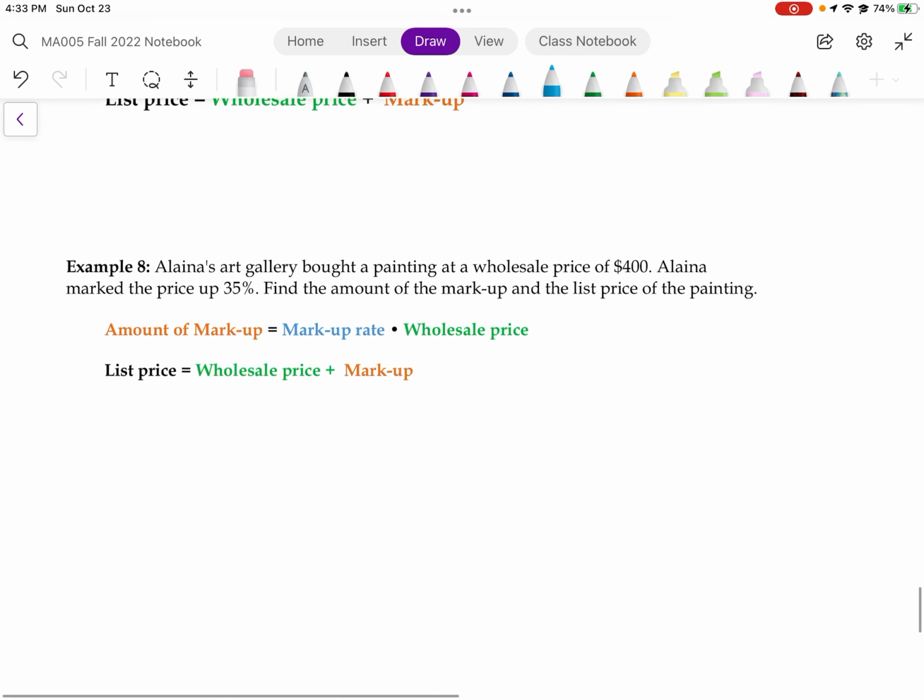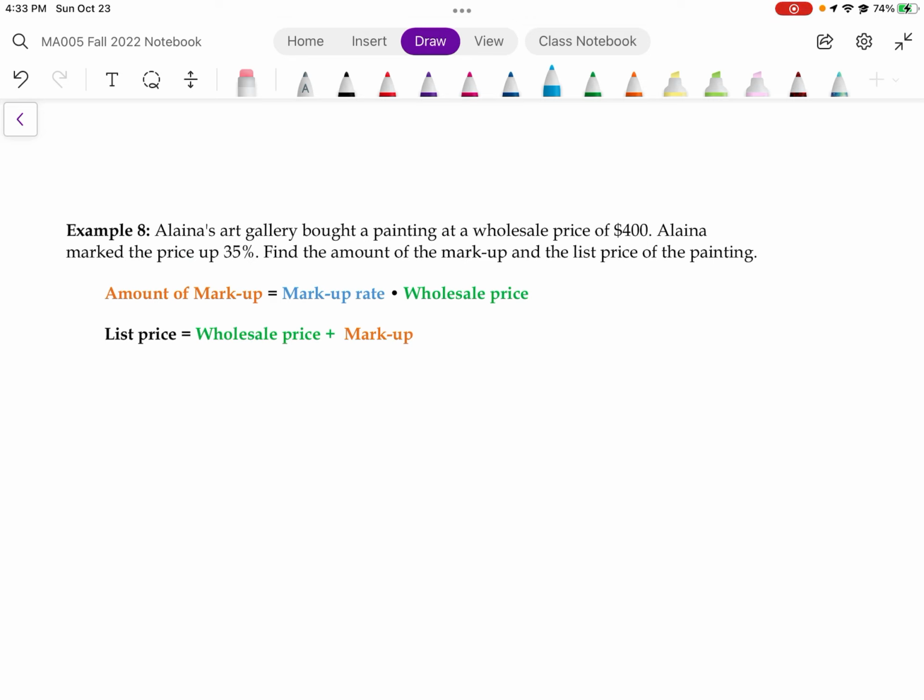All right, Elena's art gallery bought a painting at a wholesale price of $400. Elena marked the price up 35%. Find the amount of the markup and the list price. So the markup amount is going to be the rate, which is 35%, so 0.35, times the wholesale price, the price that she paid.